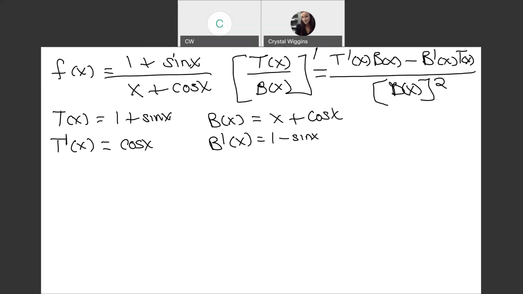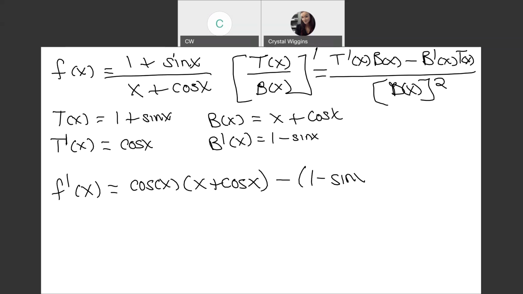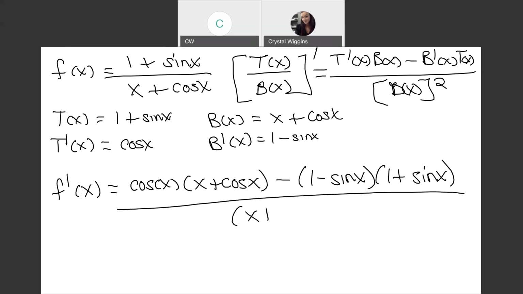Let's put it all together to find the derivative of f of x. So we have the derivative of the top, which is cosine x, times the original bottom, x plus cosine x, minus the derivative of the bottom, 1 minus sine of x, times the original top, 1 plus sine of x, all over the bottom squared.